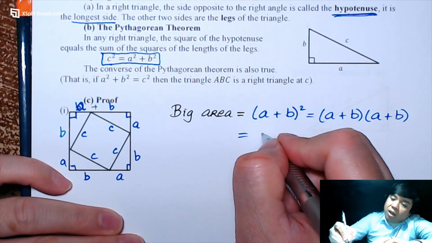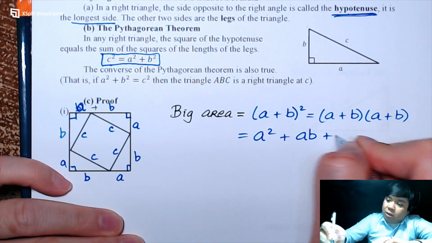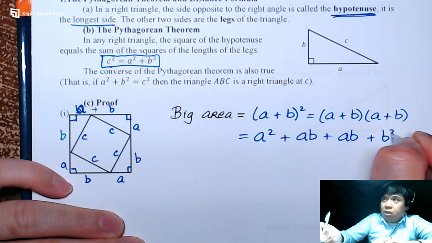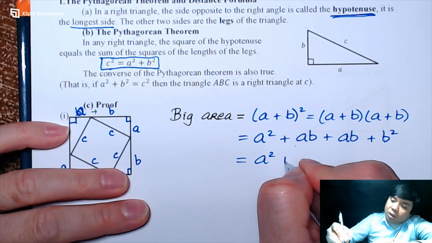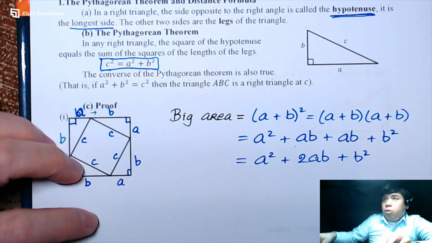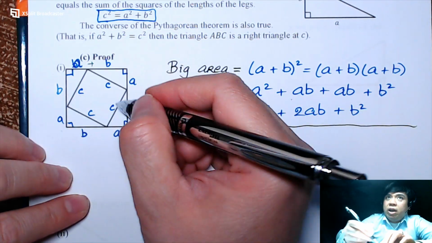A times A is A squared. A times B is AB, plus AB, plus B squared. AB plus AB is equal to 2AB, and B squared. So that gives us the area of the big square.